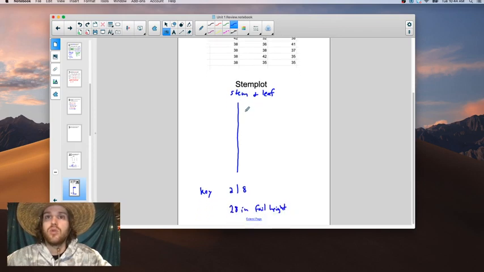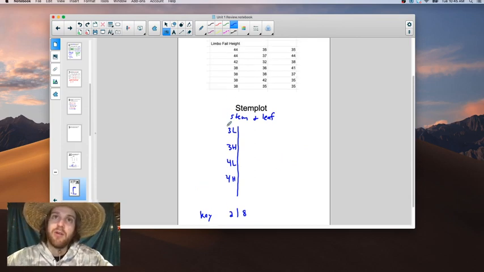So you can do 3 low, 3 high, 4 low, and 4 high is one way that you can do this for the stem and leaf plot. Notice that you can also compare variables with stem and leaf.